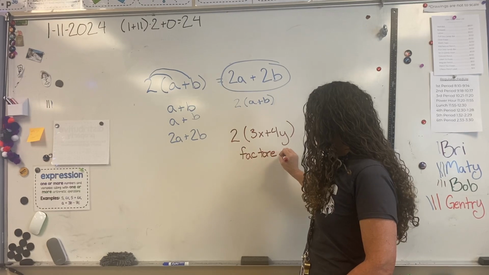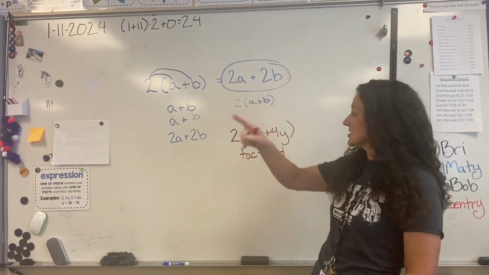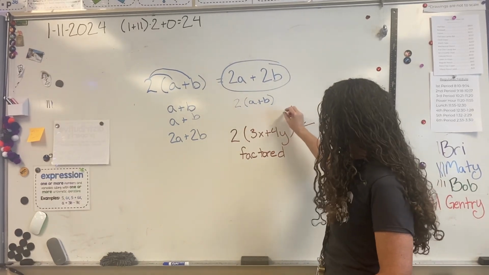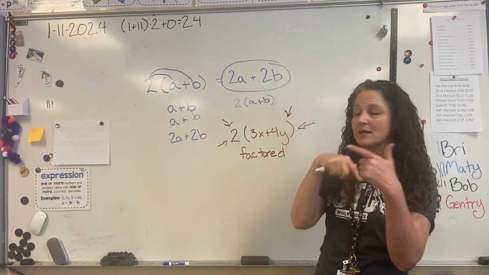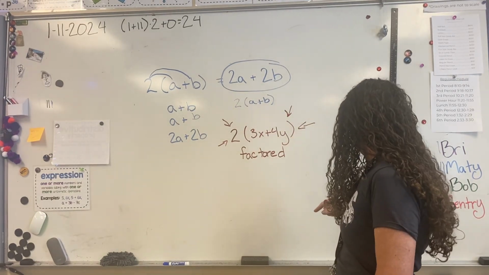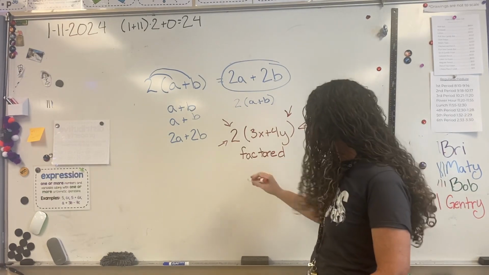If I gave you this equation that we're going to end up with and I said, hey, you factor this, this is what you would give me. And I would go, yay, you did it right. Now we're going backwards. So this is factored form. Now let's unfactor it.